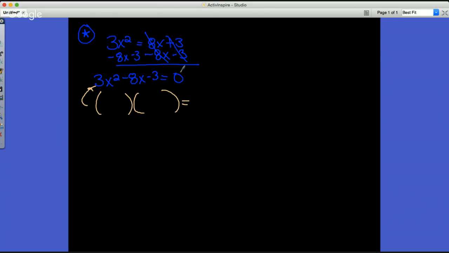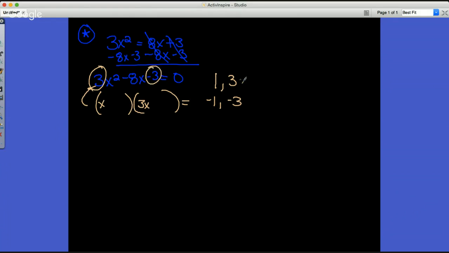But I'm going to do the check and guess method for those people that like to do that as well. So what I'd like to do is put the factors of 3, and we know that it's going to be either 1 and 3, or -1 and -3. Probably it's going to be positive and positive, largely because of that x squared. So we're just going to put x and 3x right there, okay?